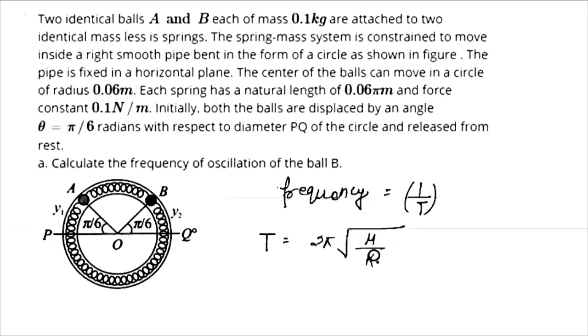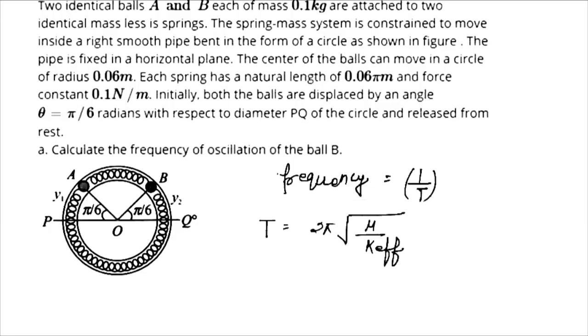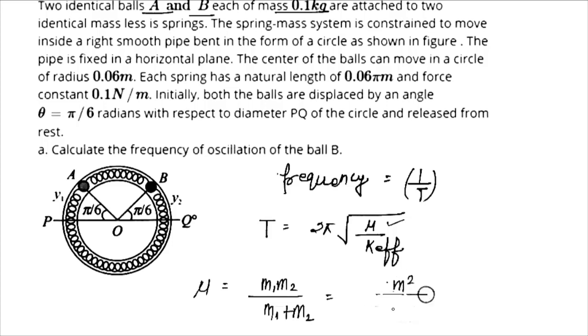Firstly we have to find the value of reduced mass, mu, which is equal to m1 into m2 upon m1 plus m2. But in this question the mass of A and B is each 0.1 kg, so we can say m square upon 2m, that means mu is equal to m by 2, and m is given as 0.1 kg, so mu is 0.1 by 2 kg.